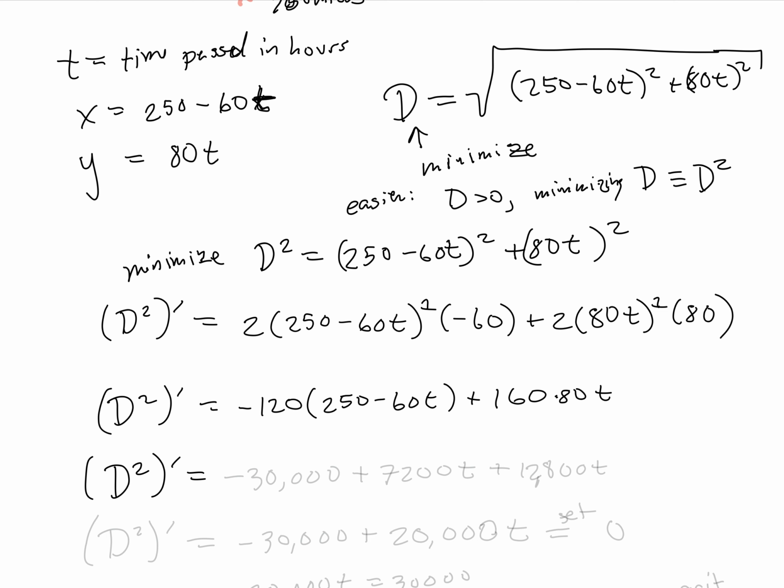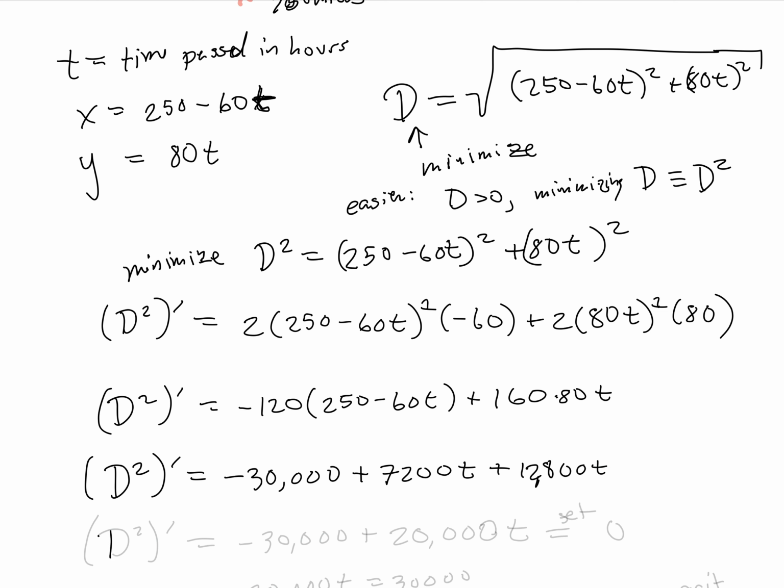negative 30,000, when I multiply negative 120 times 250 minus a negative, so plus 120 times 60 gives me 7,200 t, plus 160 times 80 gives me 12,800 times t.